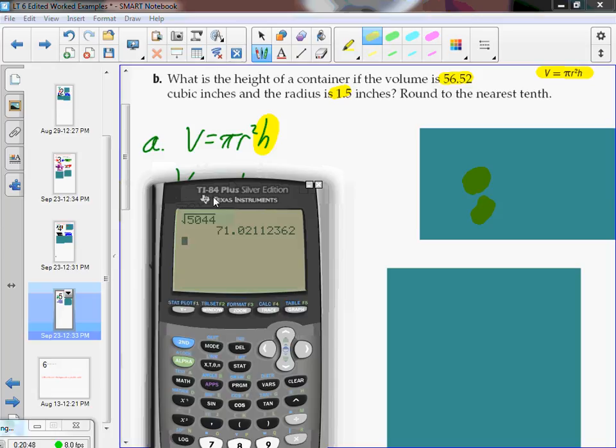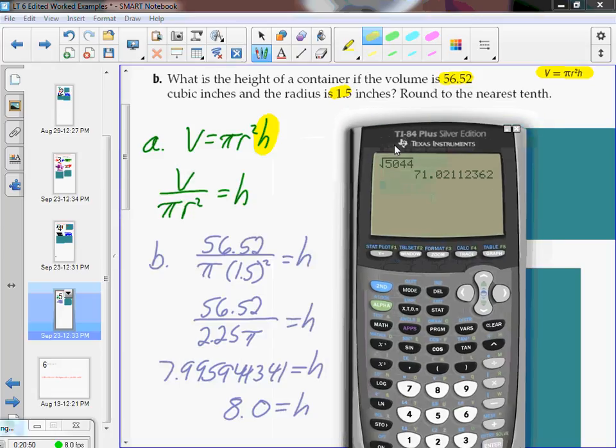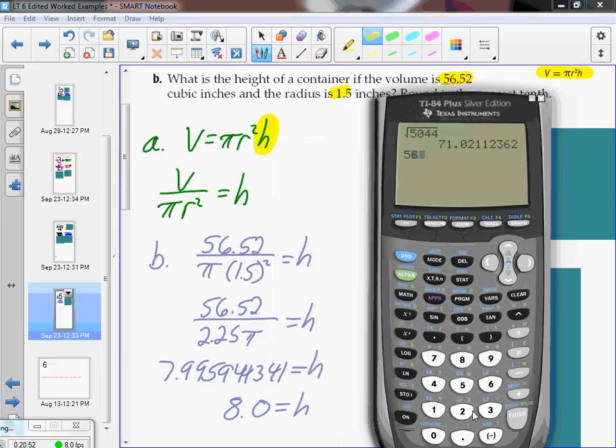I want to divide 56.52 by 2.25 pi. But watch this. 2.25 pi. And not only do I not get the right answer, it's not even close.